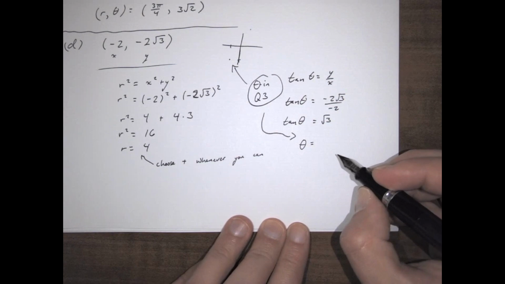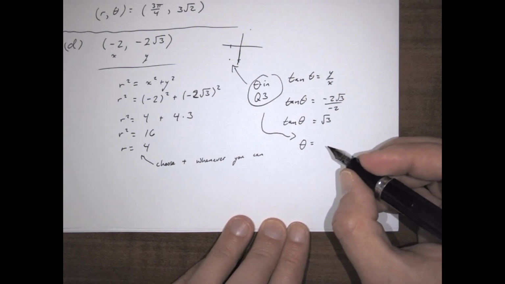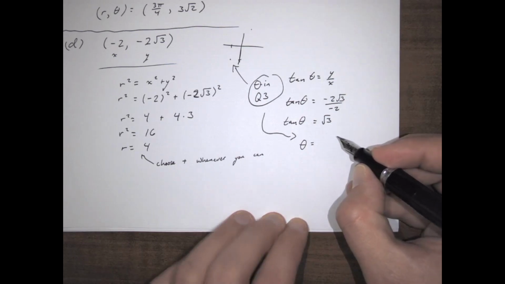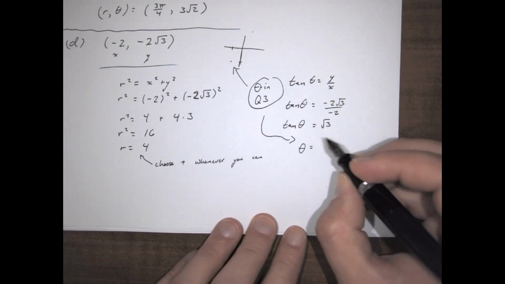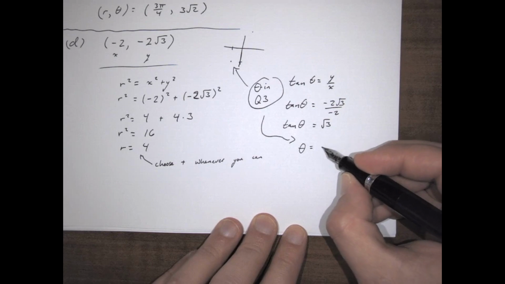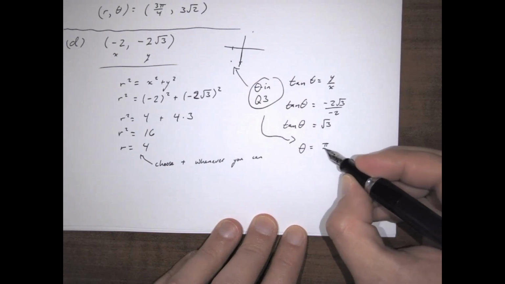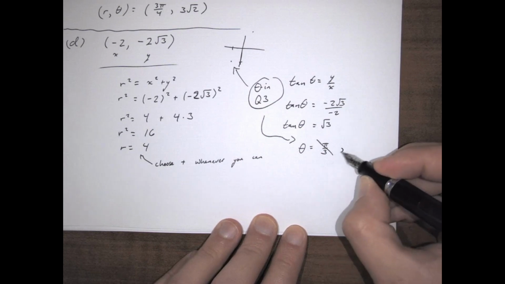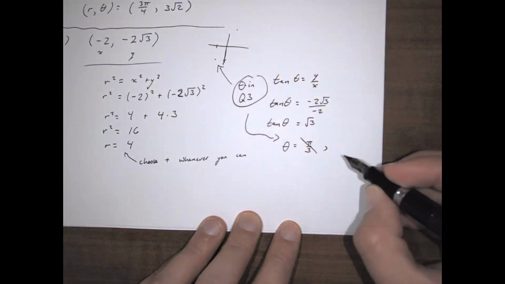Let's just say we're working in radians here, and then we'll only use degrees when we're told to. So here, theta is going to equal, first off, we think the answer is going to be pi over 3, but no, wrong quadrant. So then, in fact, you can add pi, so it's going to be 4 pi over 3.